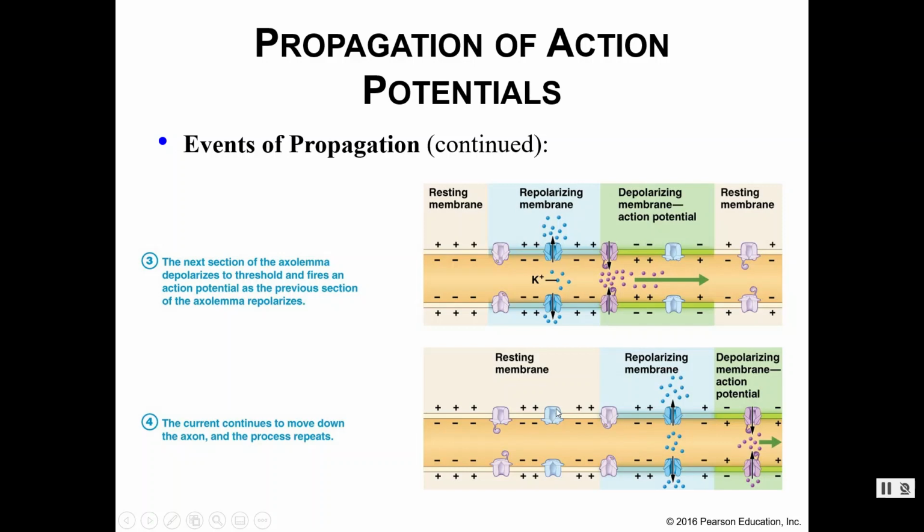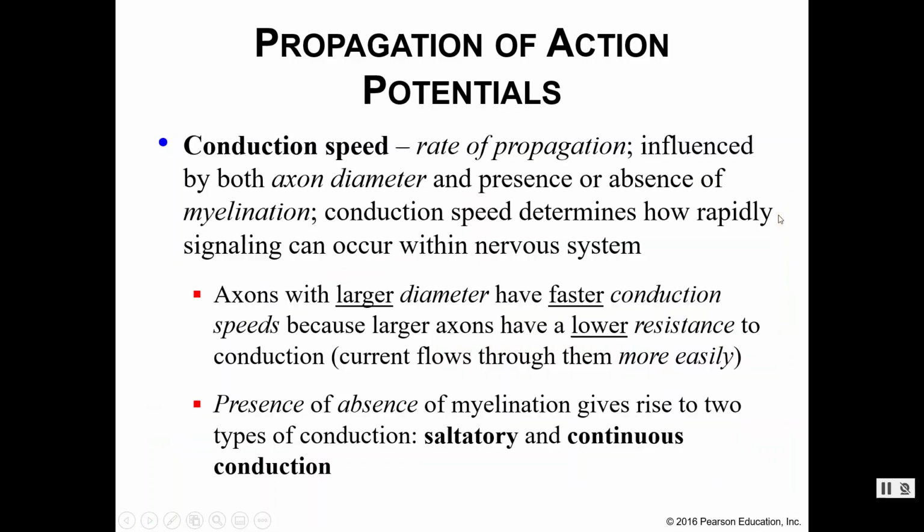Our first potassium channel is now back at rest. Our second one has been activated, so now we repolarize section number 2. Once section number 3 finishes depolarization, it would also start repolarization. We're just going down the line.